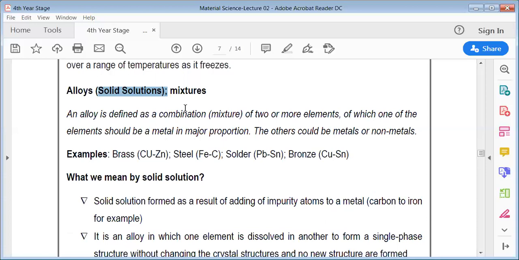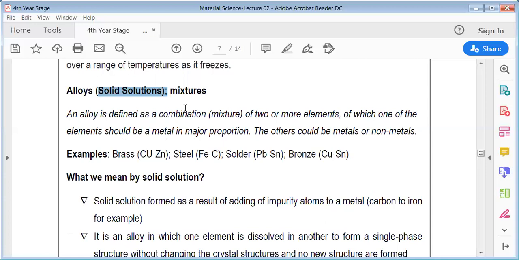Solution means you have a solvent and a solute. The major one is the solvent and the minor one is the solute.